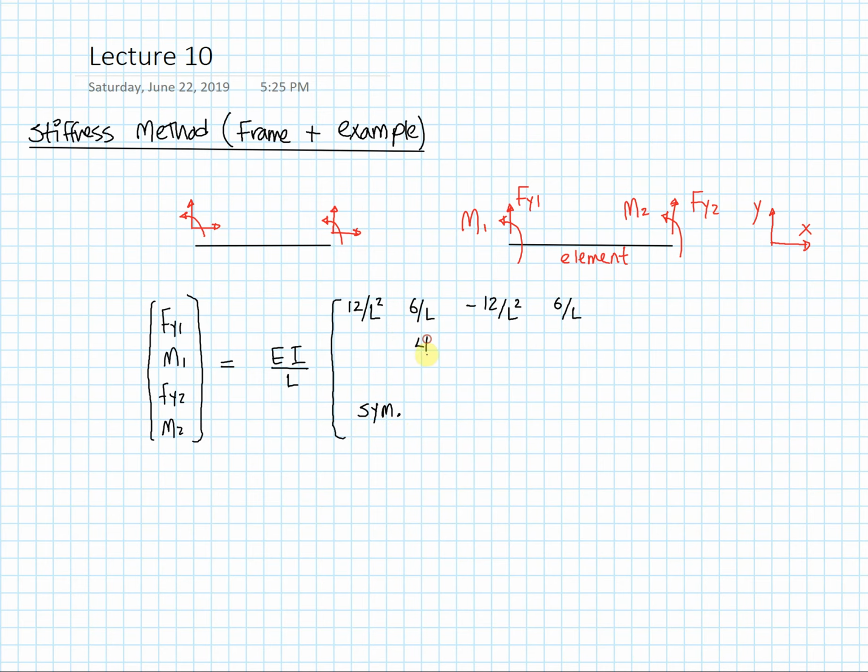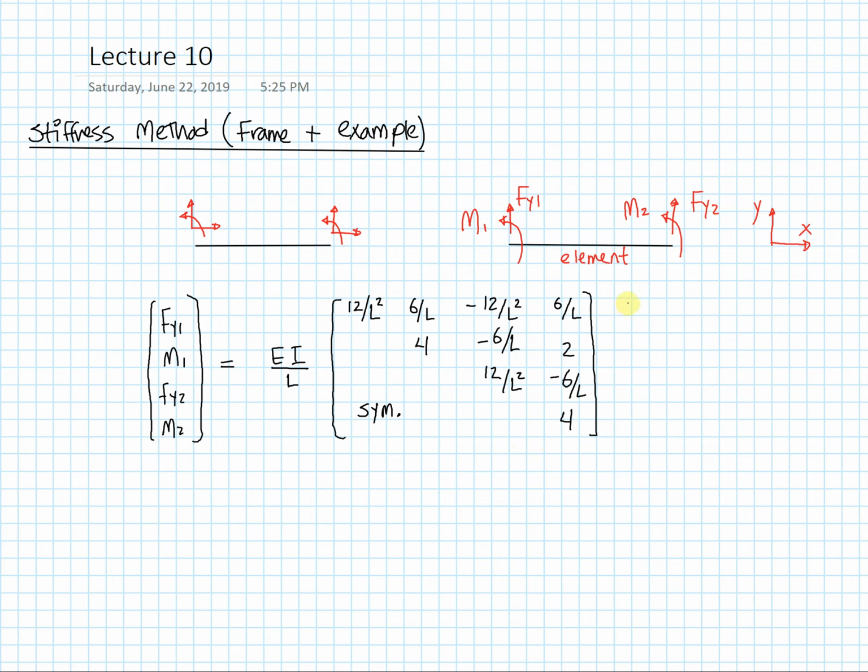We're going to be getting a value of 4 L squared here on the diagonal, minus 6 L, 2 L squared, then 12, minus 6 L, and lastly we get a 4 L squared on the final component of the diagonal. And so we close the matrix, and that's what we have.